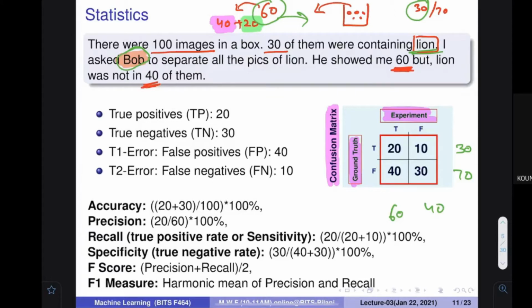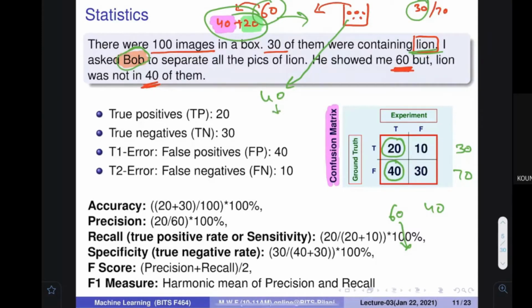Now I wanted to tell you that if you divide this 60, as I told you, this 60 is divided into 40 and 20. Out of them, 20 is the images where he is right. So true is 20, true false is 40. Similarly, for the remaining images, how many images are there? 40 images are there inside this.